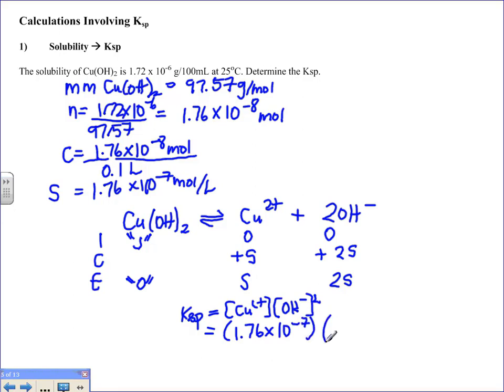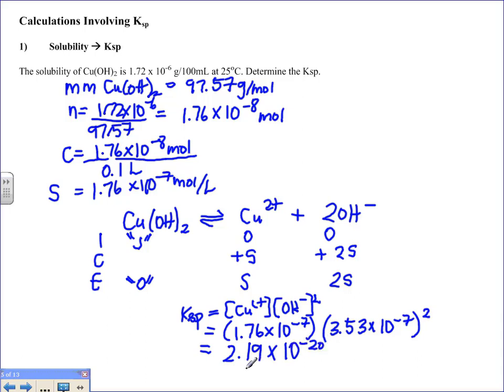And the concentration of the hydroxide here is 2 times S, so it's 1.53 times 10 to the negative 7. Okay, and we are squaring that because that's what we need to do based on the equilibrium expression. So what we have here is 2.19 times 10 to the negative 20.